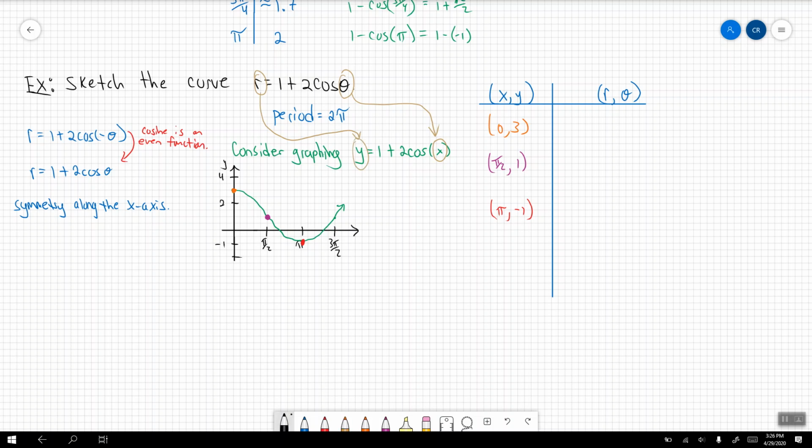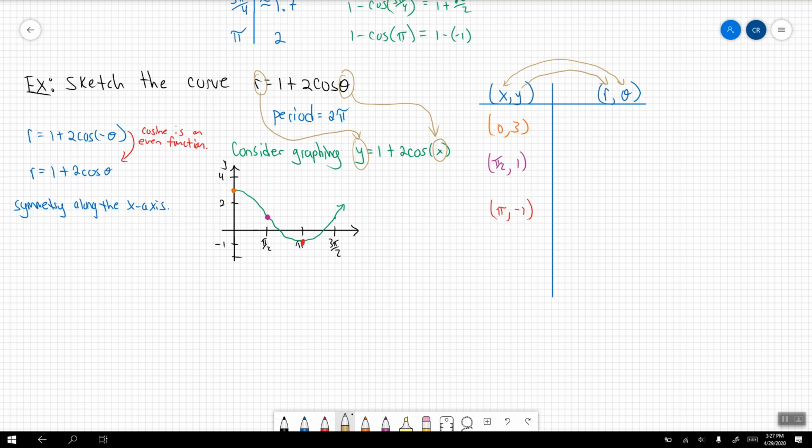By that process, to convert all of our pairs, we now have a method. Every x value is now theta. Every r value is y. So every y value that we found on these ordered pairs is now going to be r.